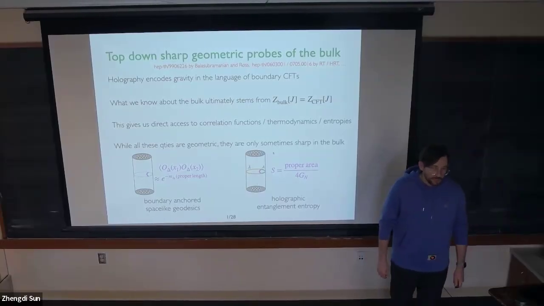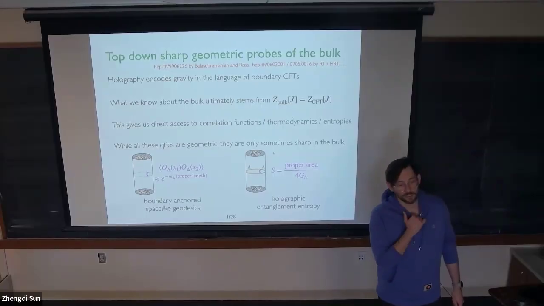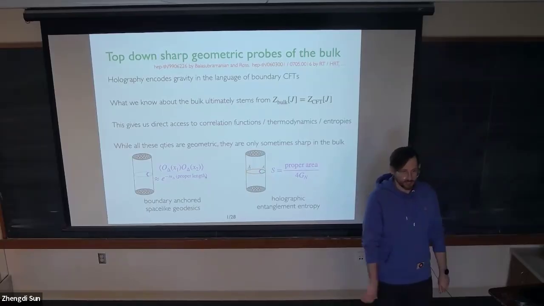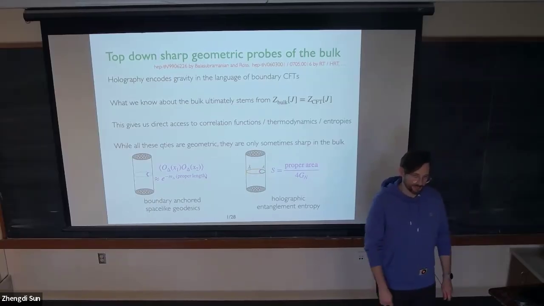Yes. When you compute things in the bulk, should I think of those computations being done in a gravitational path integral or some tensor model? So all these quantities arise in the semi-classical approximation. You might think of them as primarily given in terms of the semi-classical approximation to whatever is the definition of the bulk.